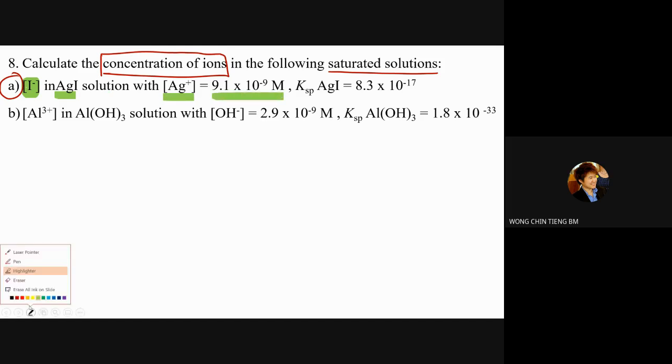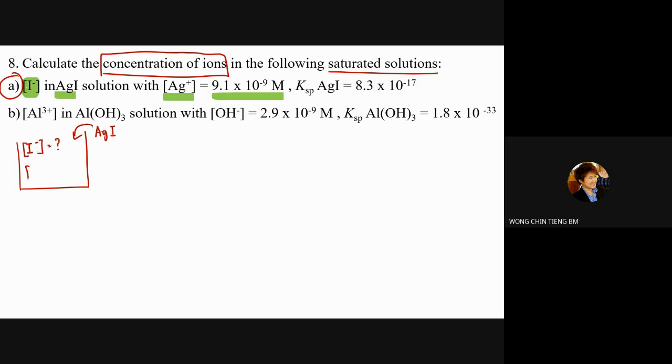So apa maksud soalan ni adalah sekarang saya ada satu beaker. Dalam beaker ni kita akan larutkan AgI. So soalan tanya concentration I minus adalah berapa, kalau dalam beaker ni saya dah ada Ag plus sebanyak 9.1 darab 10 kuasa negatif 9.